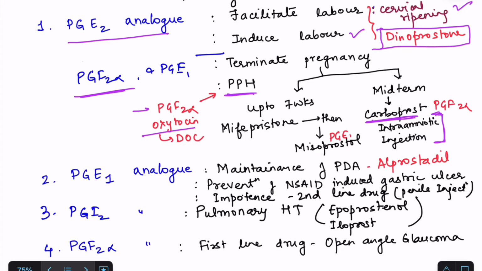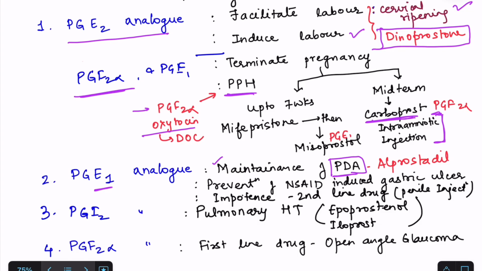Then we have another drug, that is prostaglandin E1 analog. Again, E1 we have not discussed, but for therapeutic purpose, prostaglandin E1 analog is used. One, the use is maintenance of patent ductus arteriosus. So, in certain conditions in fetus where certain congenital heart diseases are there, till the corrective surgery is done, we need to maintain patent ductus arteriosus.